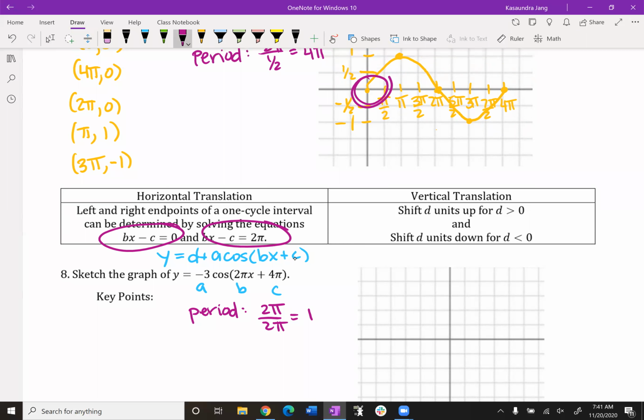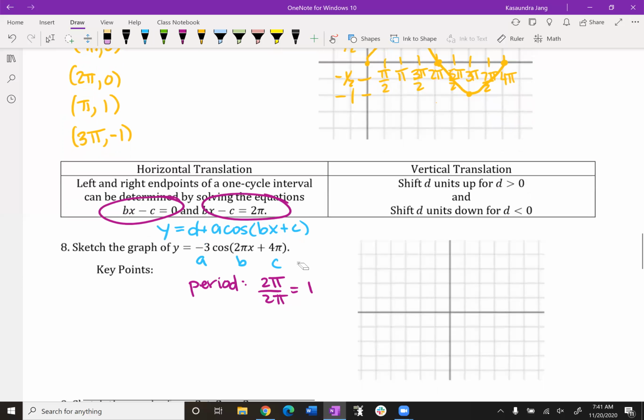Like the one up here started at 0 and ended at 4 pi for one period. But I'm going to solve these two equations to figure out where this period starts and ends. So my bx plus c, 2 pi x plus 4 pi, is going to equal 0.